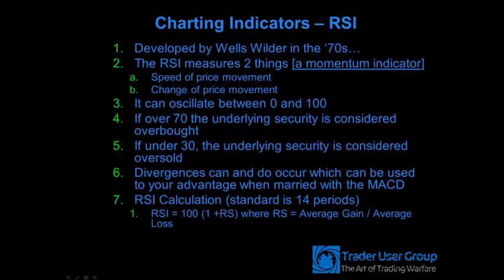And then it's converted into an oscillator by adding it to 1, dividing, and multiplying by 100. That gives you the 0 lowest it can go to the highest it can go, 100. It keeps it defined within that 0 to 100 range. And that gives you the oscillation of the calculation.